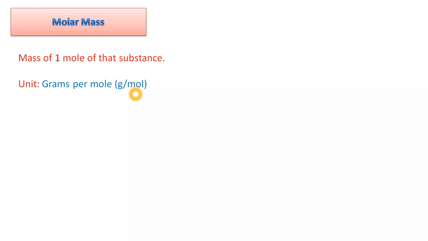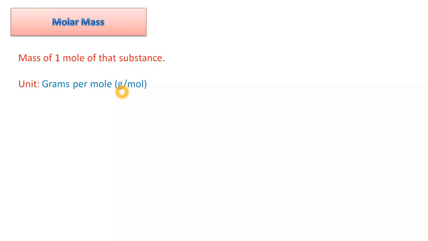And this molar mass is numerically equal to the atomic mass expressed in the units gram per mole. So whether it's the molar mass of an element or a compound, if you are having an element, then the molar mass of the element is equal to the atomic mass expressed in gram per mole.